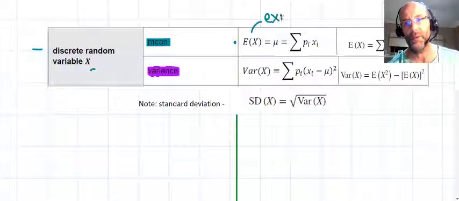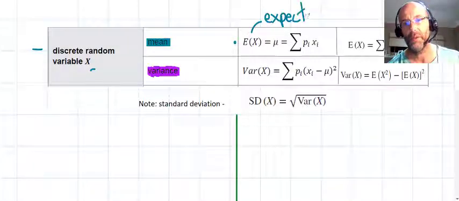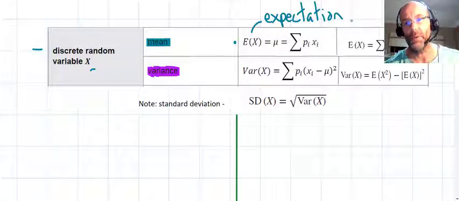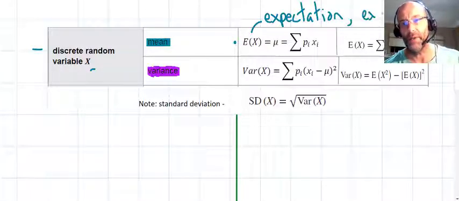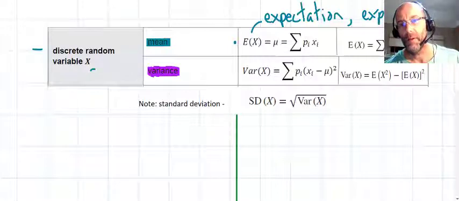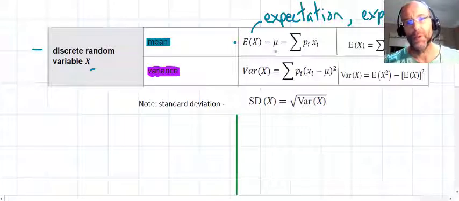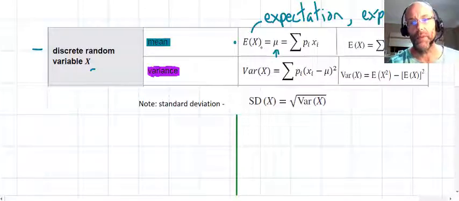That's the idea of expectation, the expectation of something, or it's often called the expected value. Expected value is a common term. Sometimes we see the symbol mu instead. So E of x and mu are the same thing here.